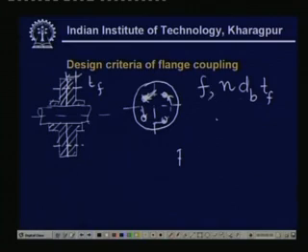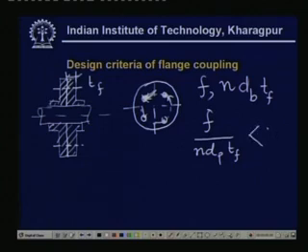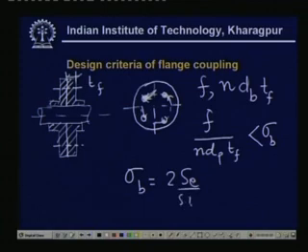Therefore, the total stress will be F divided by N times d_B times T_F, and that must be less than or equal to the bearing stress, sigma bearing, which will be about twice S_C, the yield stress in compression divided by the factor of safety.